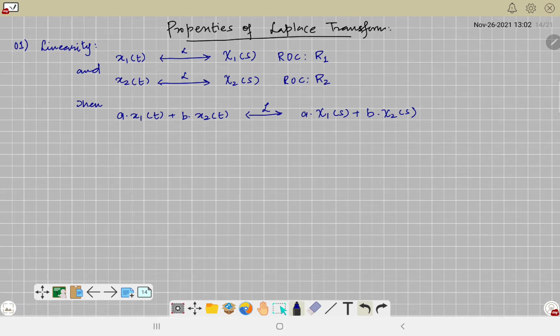Fine. Okay, and then the region of convergence, that is important. The region of convergence of this combination of signals will actually be the intersection of the two regions of convergence.